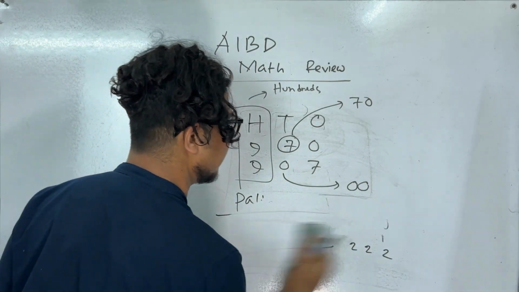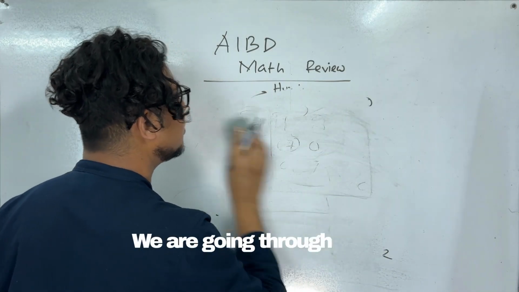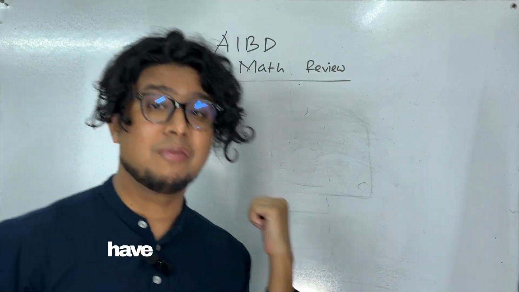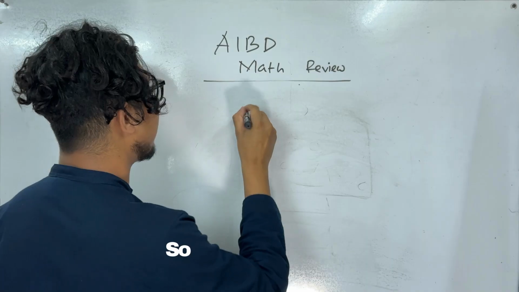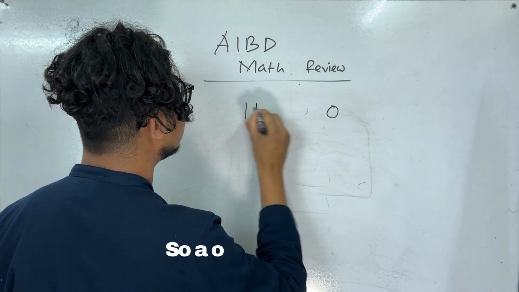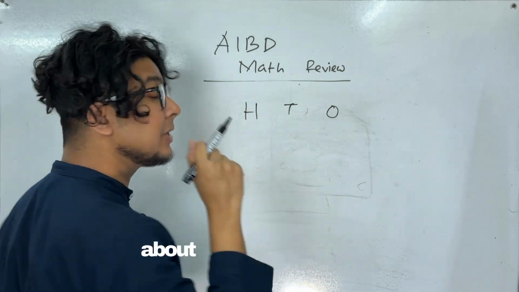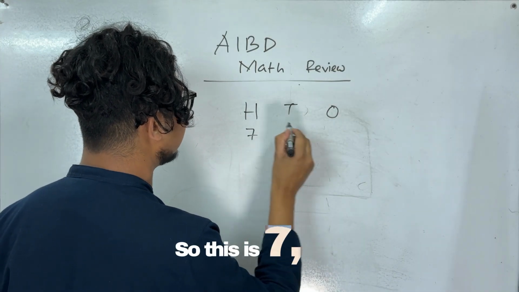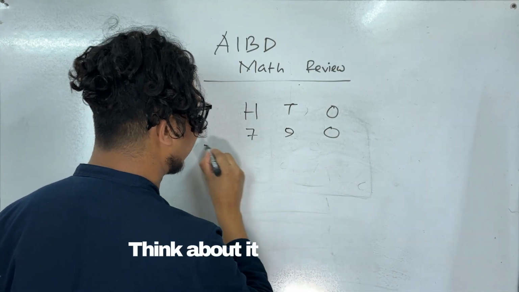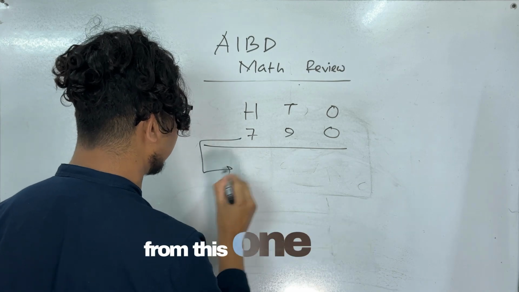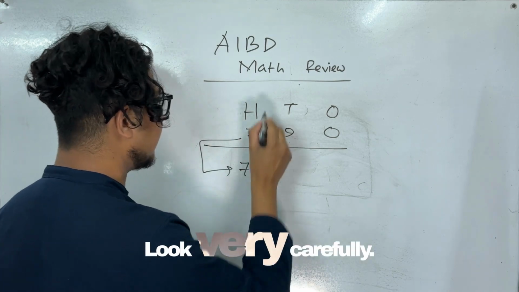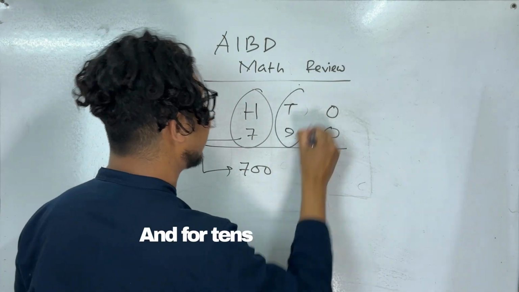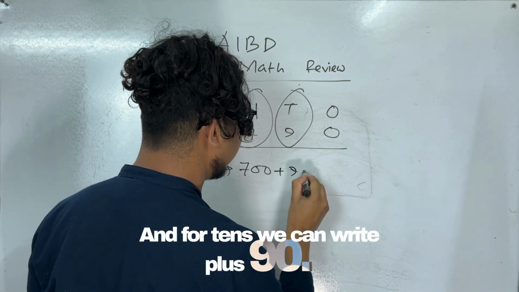From OTH, can we do one thing together? Let's have a look. We are going through all the small branches of maths that we have learned. So this is 790. What we can write from this one is 700. As it is in hundreds, 700 is possible. For tens, we can write plus 90.